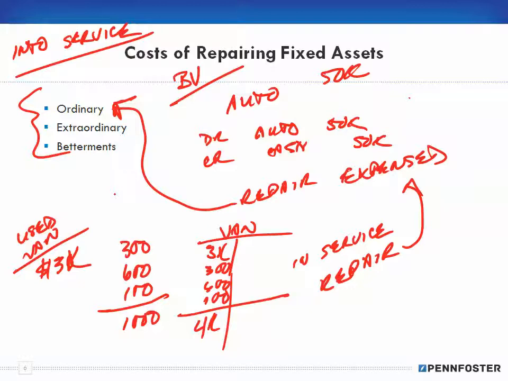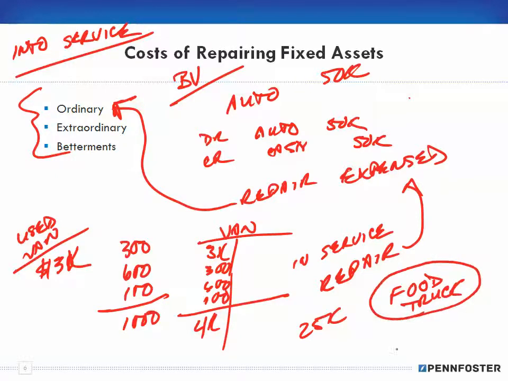I also talked about repurposing the van. Let's say you bought a brand new van for $25,000 and repurposed it. One of the big items nowadays is food trucks in our area. You have to repurpose that van to make it a food truck, and maybe that costs an additional $10,000.